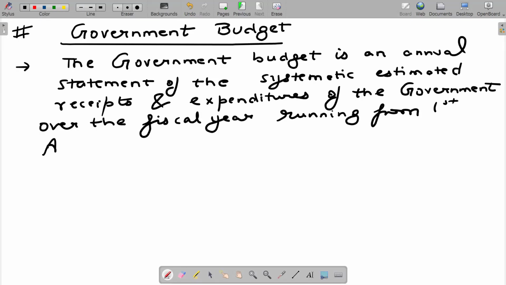We know that the financial year in India starts from 1st of April and ends by 31st March.